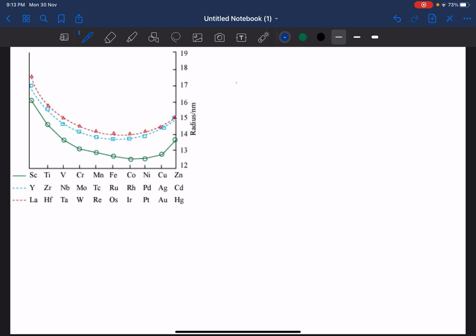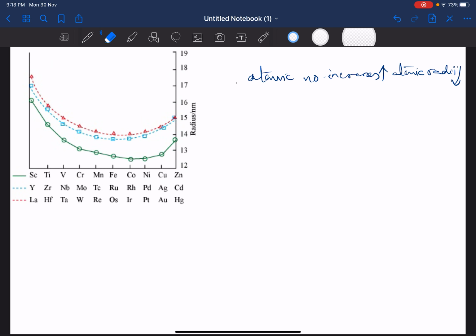That means as the atomic number increases, atomic radii decreases.